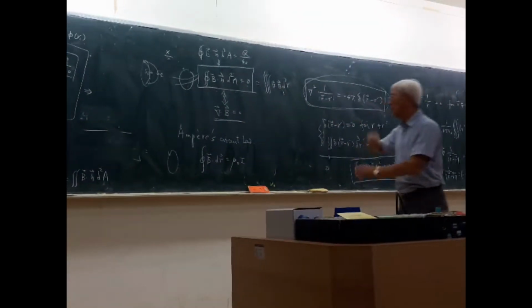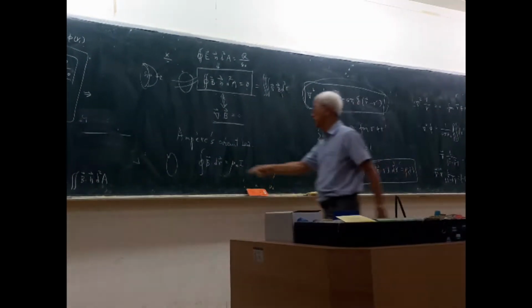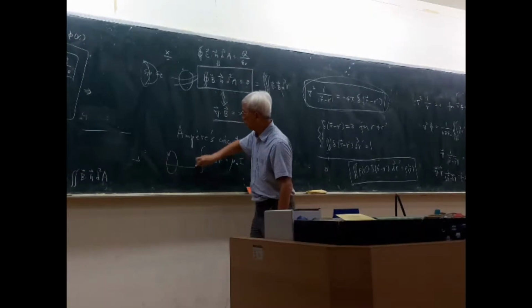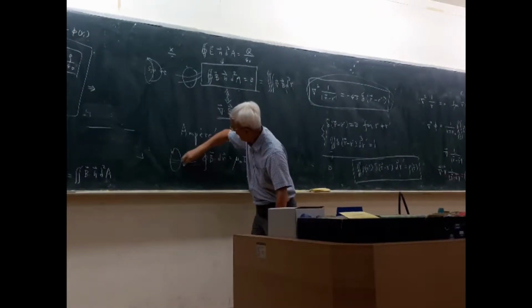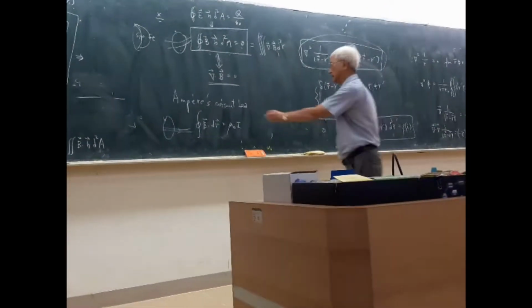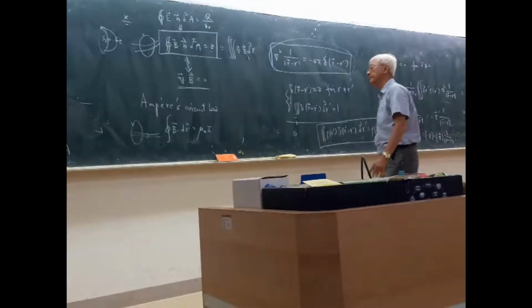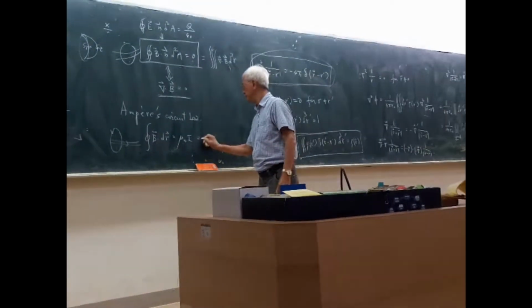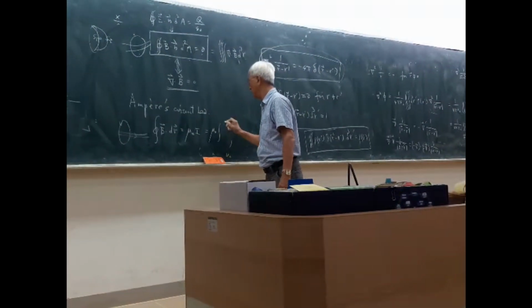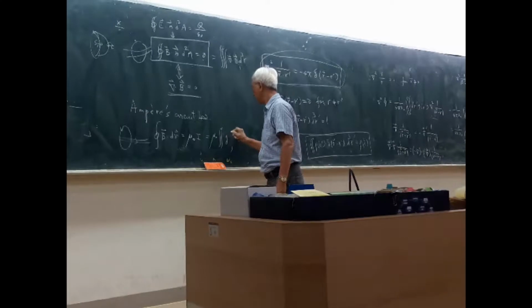The line integral of the magnetic field around the curve is equal to mu0 times the total current going through, the integral of J dot n.